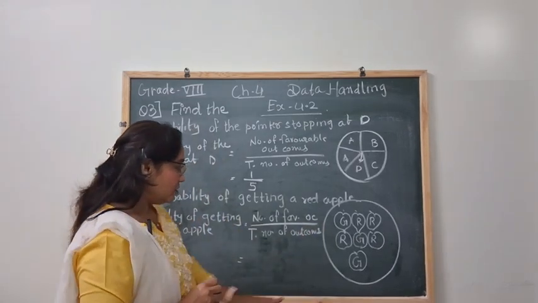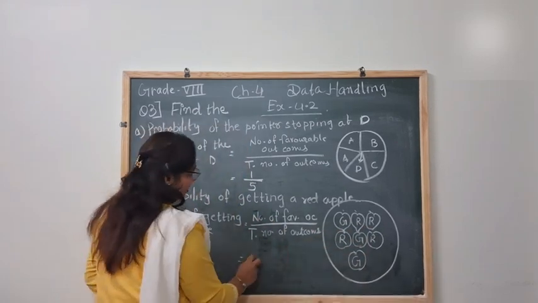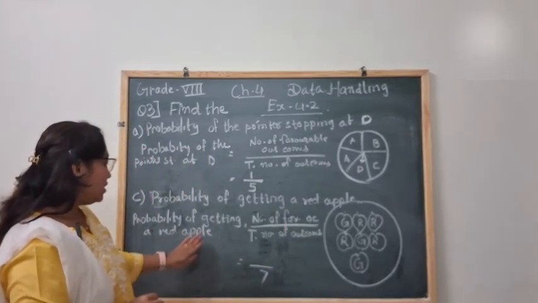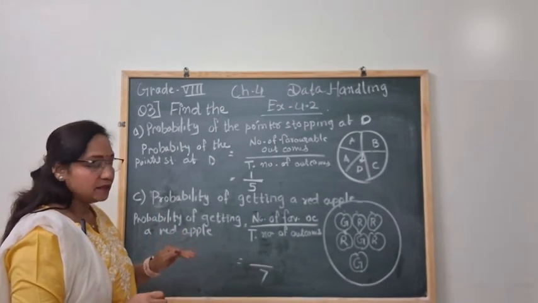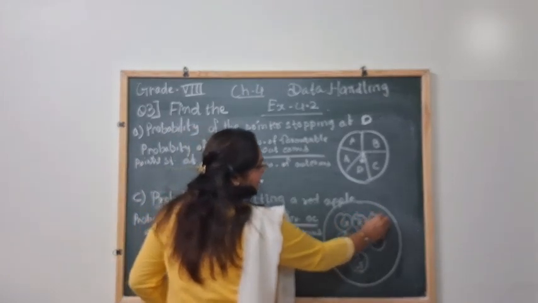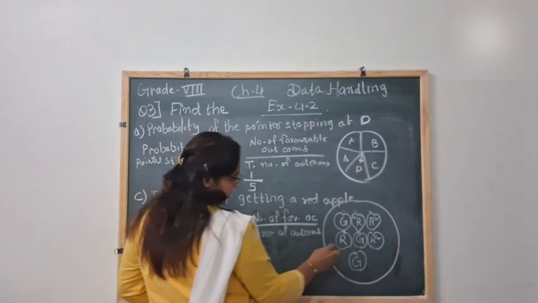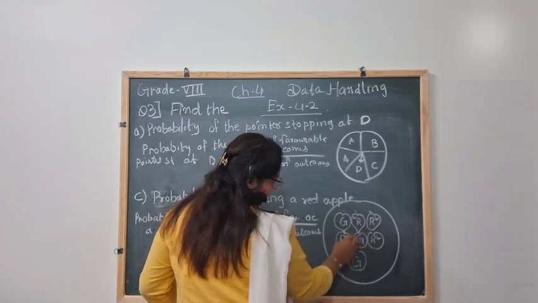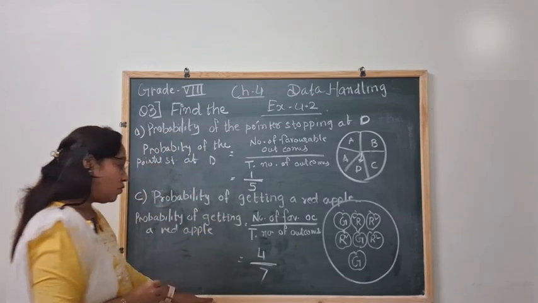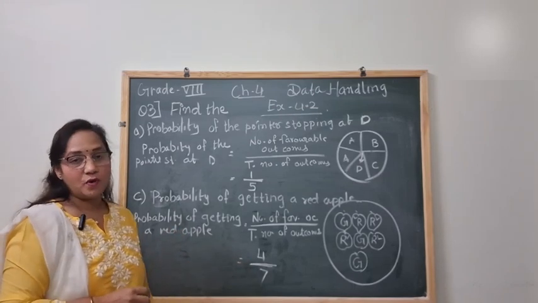If you can see, 1, 2, 3, 4, 5, 6, 7. 7 total outcomes. Out of that, we have to find the probability of getting a red apple. How many chances are there to get a red apple? We have one red here, another red here, one more red here. So there is 1, 2, here 3 and 4. 4 upon 7. Okay, the favorable outcomes are 4 out of 7. So our probability of getting a red apple is 4 upon 7.